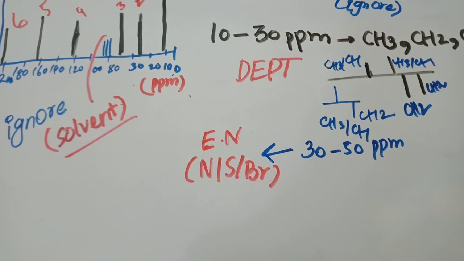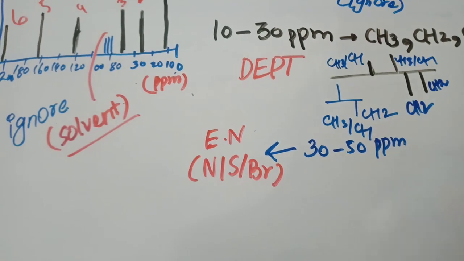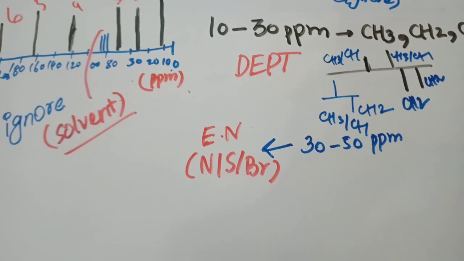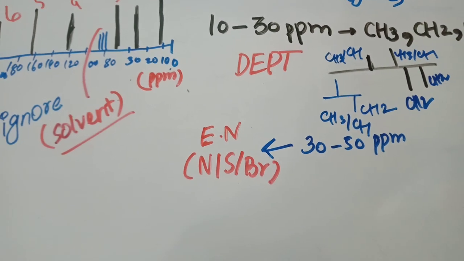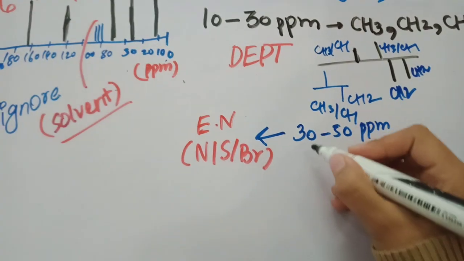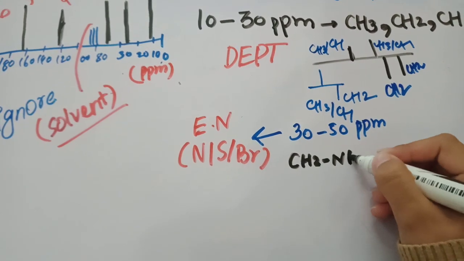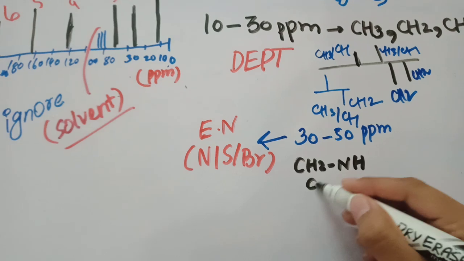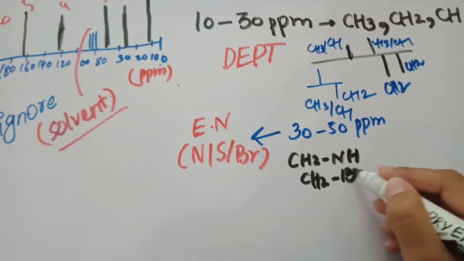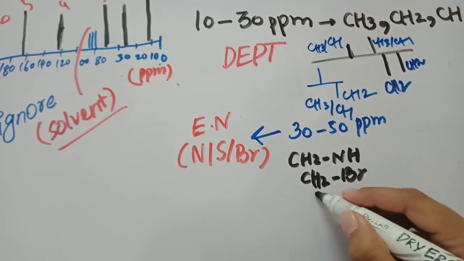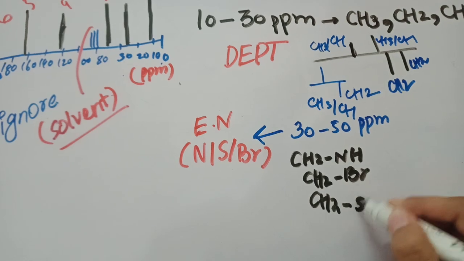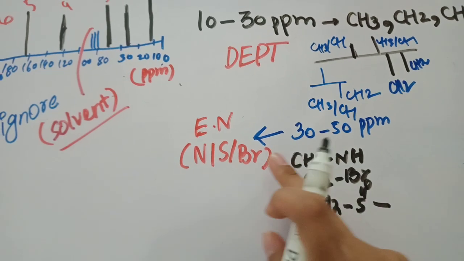From 30 to 50 ppm, it means CH2 is bonded with nitrogen, sulfur or bromine. Like CH2 bonded to NH, CH2 bonded to Br, CH2 bonded to S double bond O. It could be anything like this.